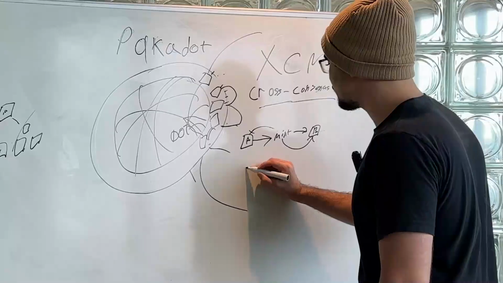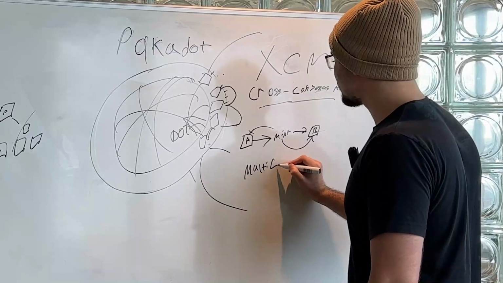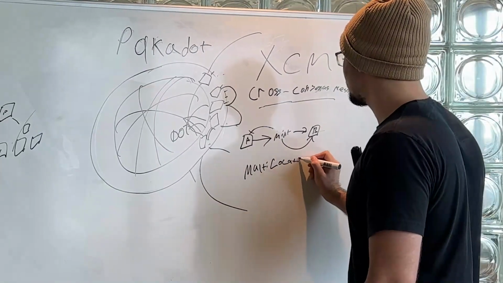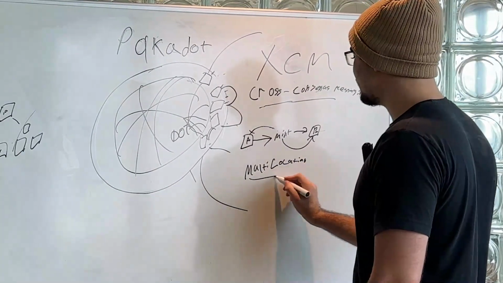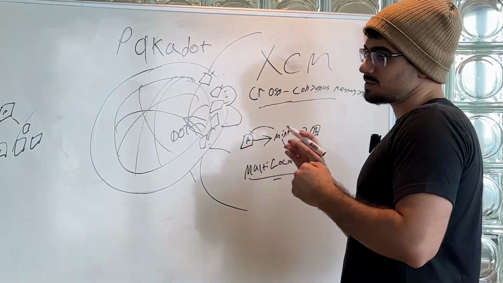Good question. There's a concept called a multi-location, and basically this multi-location specifies the junctions, they're called, or the hops needed to get to that specific parachain.